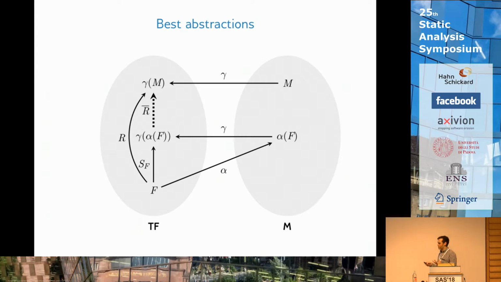Right, this is what gives us sort of the recipe that we saw before, some way of, given some F, finding a simulation from F to the abstract machine that approximates it. So there's a whole bunch of nice properties that come out of having a left adjoint to gamma.